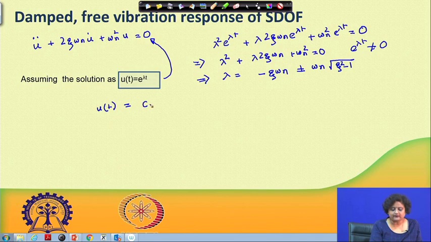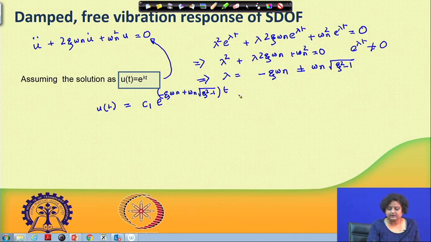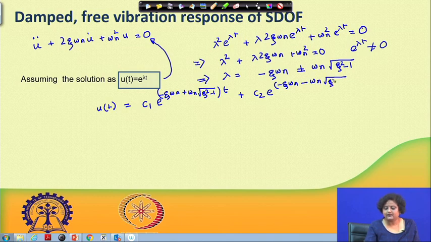So, we write this as C1 into e to the power (minus zeta omega n plus omega n root zeta square minus 1) into t, plus C2 into e to the power (minus zeta omega n minus omega n root zeta square minus 1) into t.